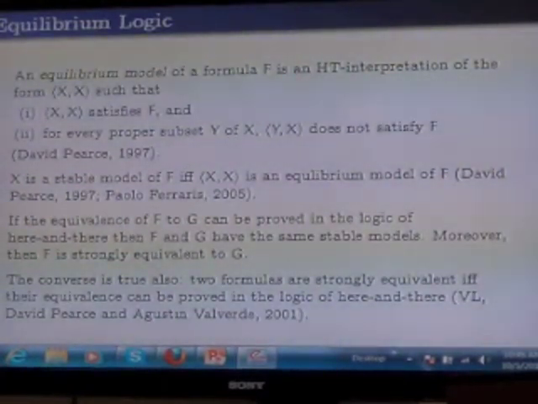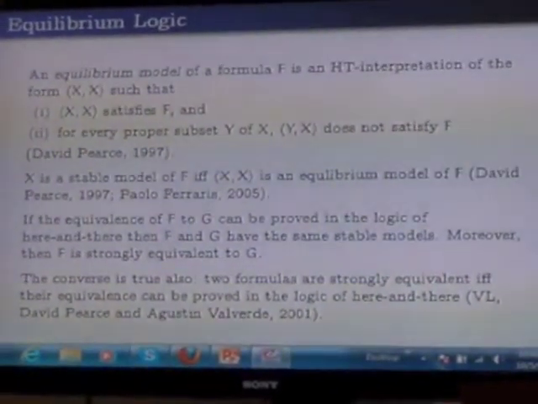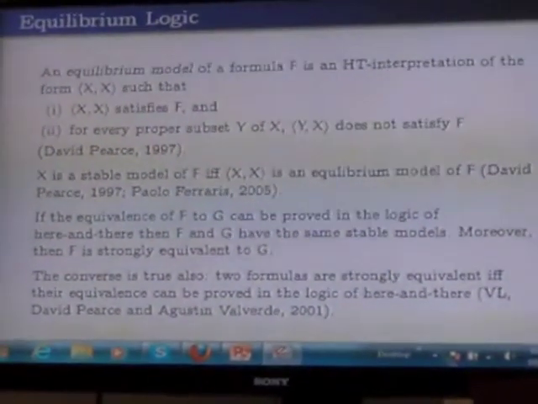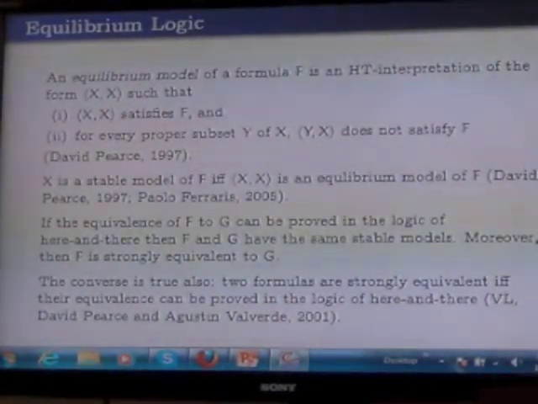If you take an HT interpretation, in other words, a pair of sets, what Pearce defined is when it is an equilibrium model of a propositional formula F. And his definition goes like this. An equilibrium model, first of all, should be what we call a total interpretation, that is, the two parts should be equal to each other.